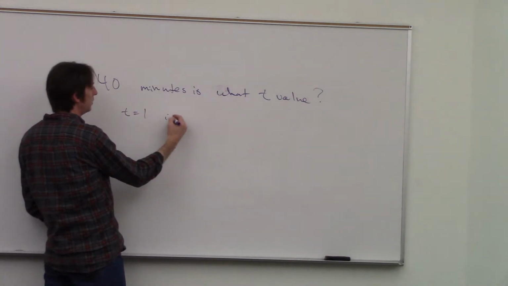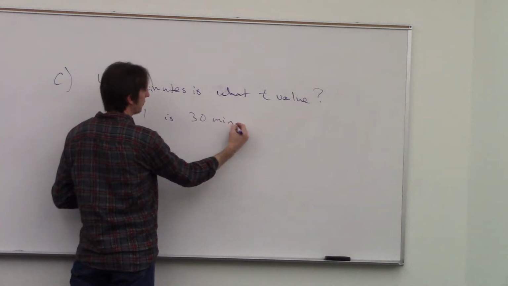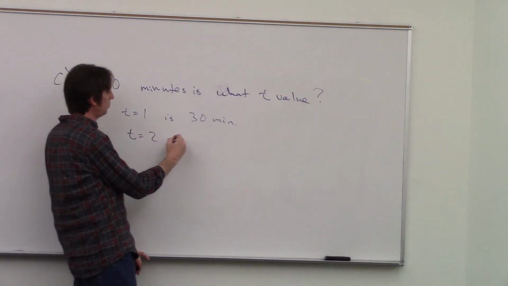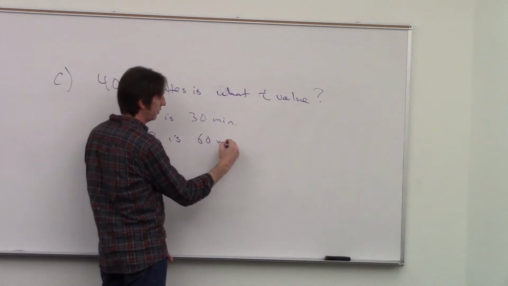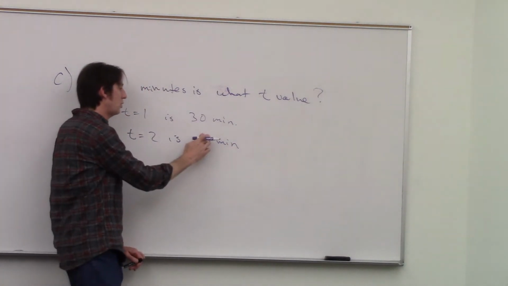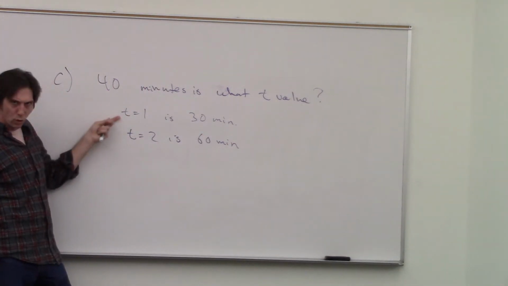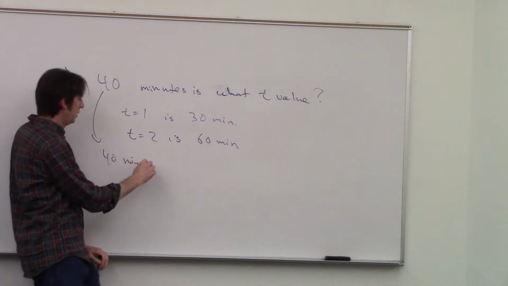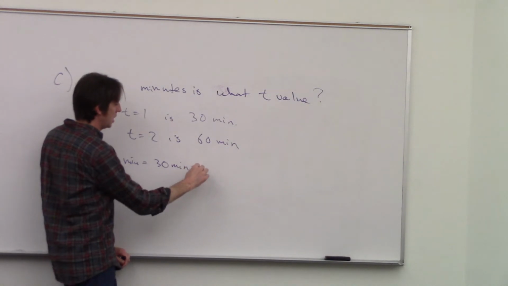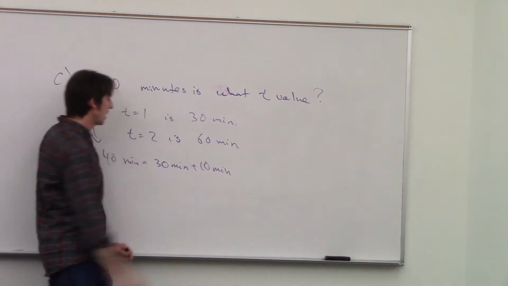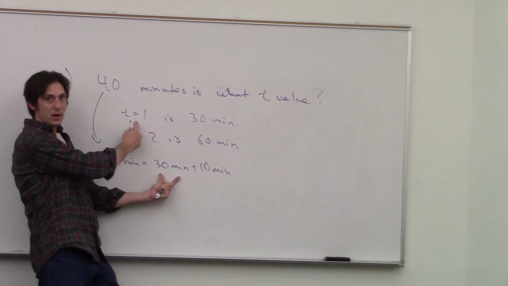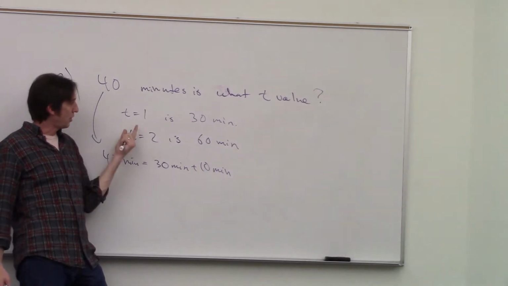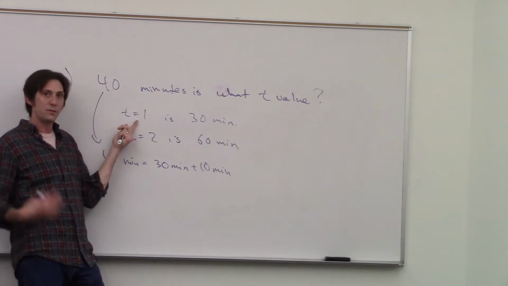T equals 1 is 30 minutes, because I know that my t is measured in half hours. T equals 2 is 60 minutes, because it's a whole hour. And so 40 minutes is somewhere between 1 and 2. 40 minutes is equal to 30 minutes plus 10 minutes, obviously. 30 minutes is a t value of 1, and then 10 minutes is just a third of 30 minutes.